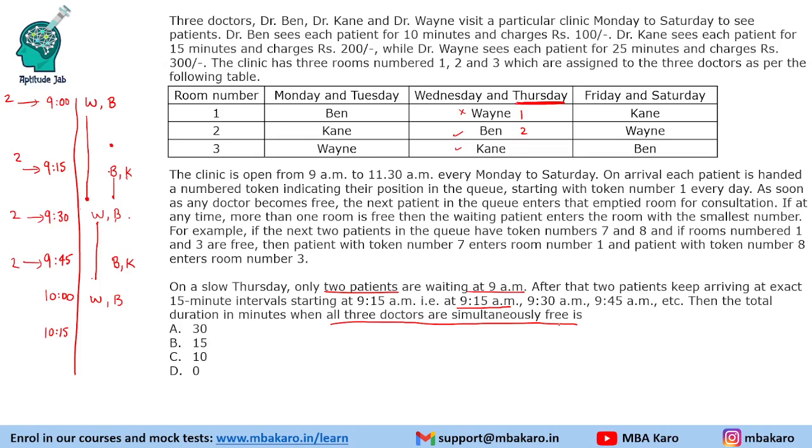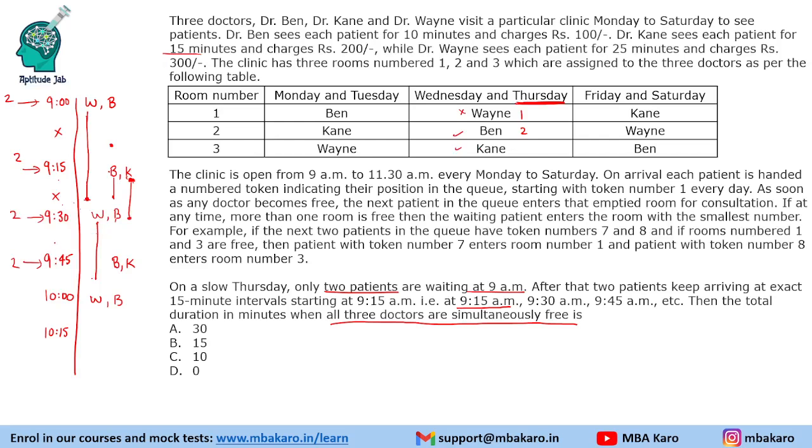So let us see if all three are simultaneously free. 9 to 9:15 they are not simultaneously free, Wayne is occupied. 9:15 to 9:30, till 9:25 Wayne is occupied and Kane is occupied from 9:15 to 9:30, since Kane takes 15 minutes, so not possible, no time in this gap.